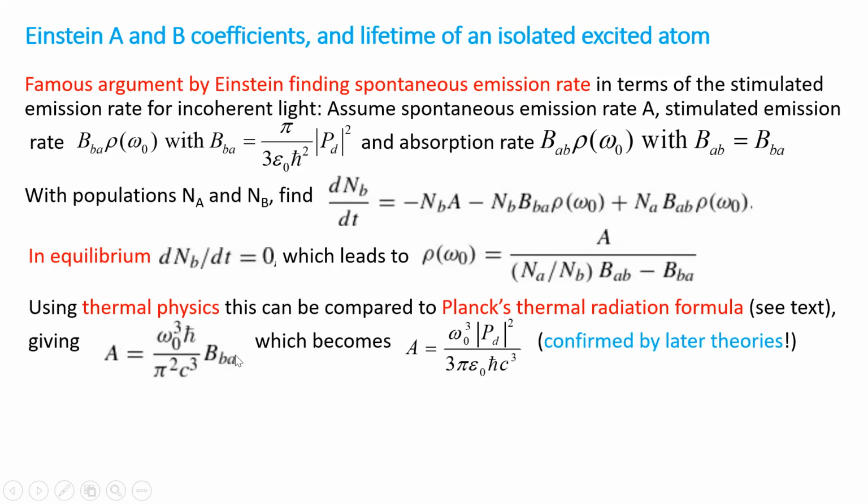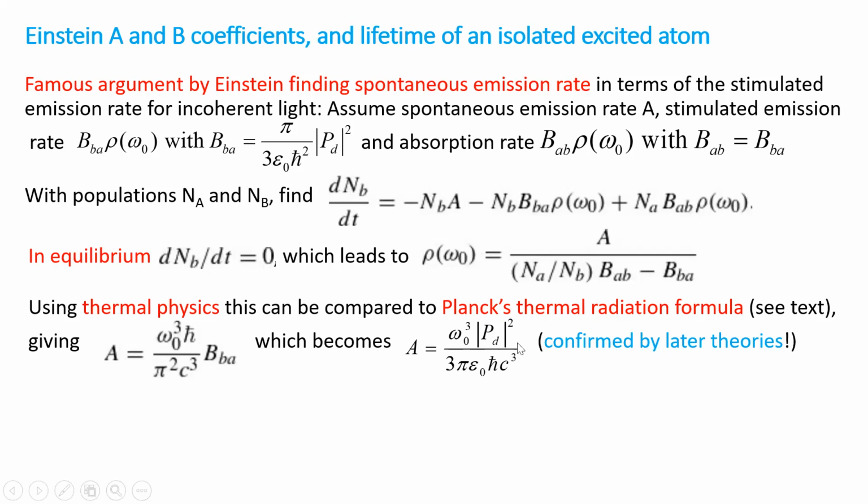If we plug back in the B, which involves the electric dipole matrix element, we get Einstein's final result from this famous argument: the spontaneous emission rate A is omega naught cubed times the matrix element squared of the electric dipole moment for the two atomic levels involved in the spontaneous emission, over this combination of constants here.